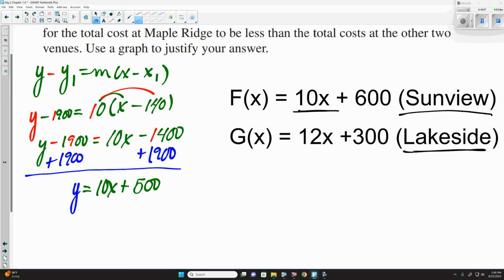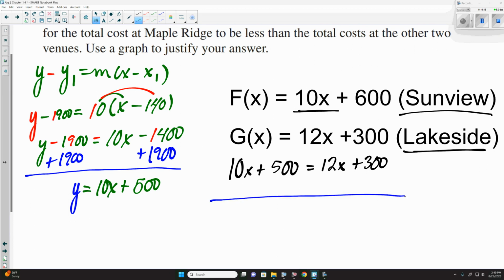How many students we need for Lakeside. And to do that, well, we're just going to set the two equations equal to each other and solve for the value of X. What can we do first?